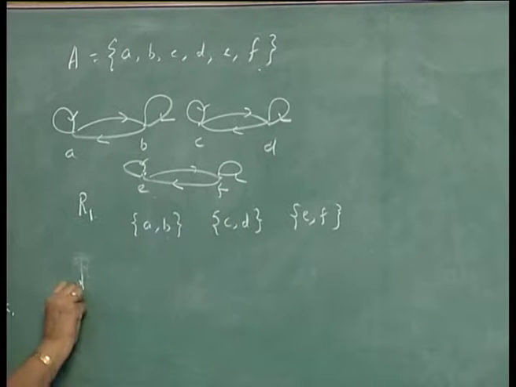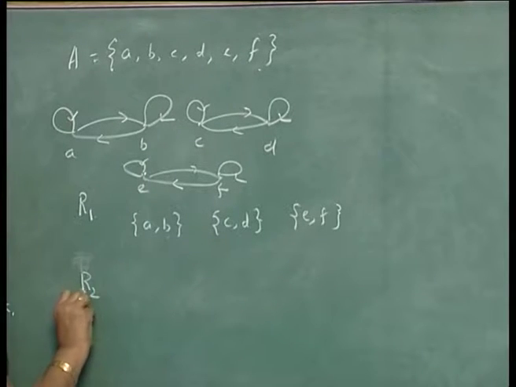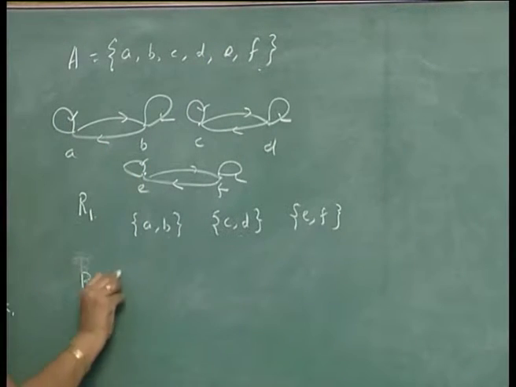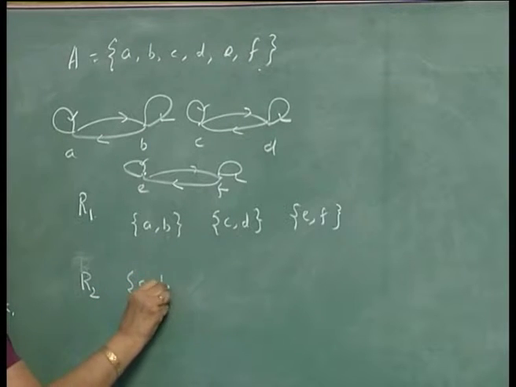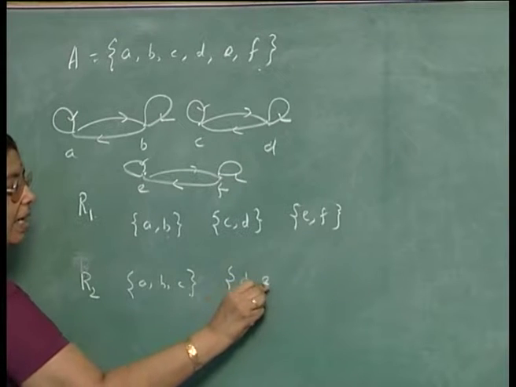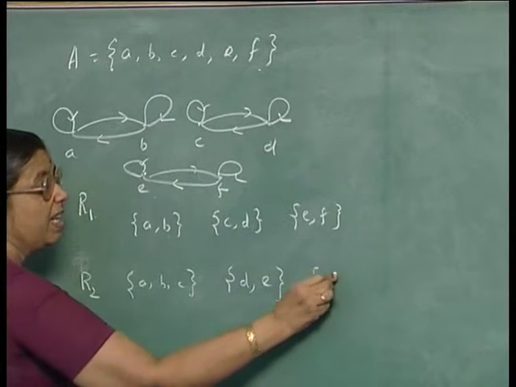Suppose I define another equivalence relation R2, which divides a, b, c, d, e, f into different equivalence classes. Suppose I have a, b, c in one class, d, e in one class and f in one class.